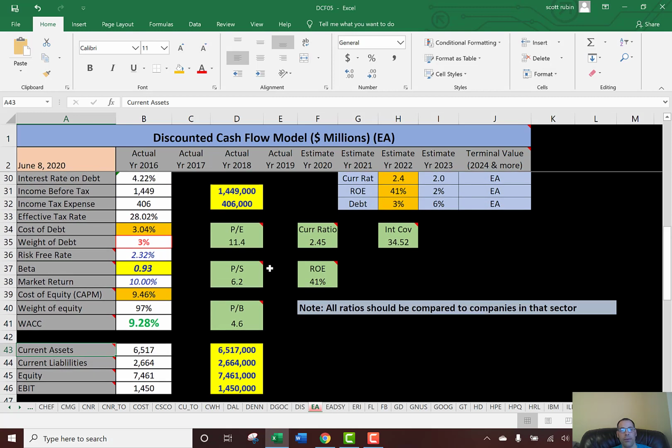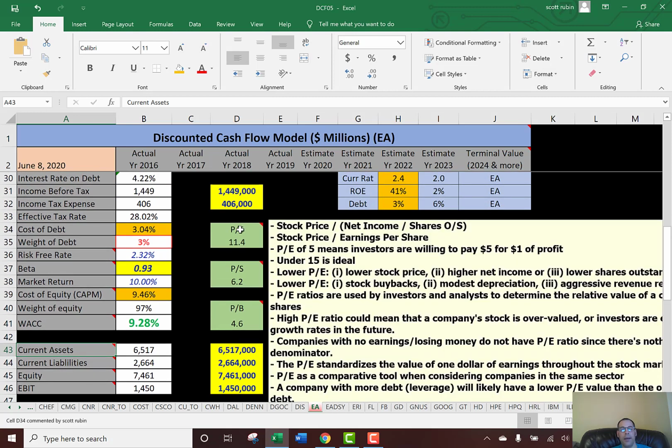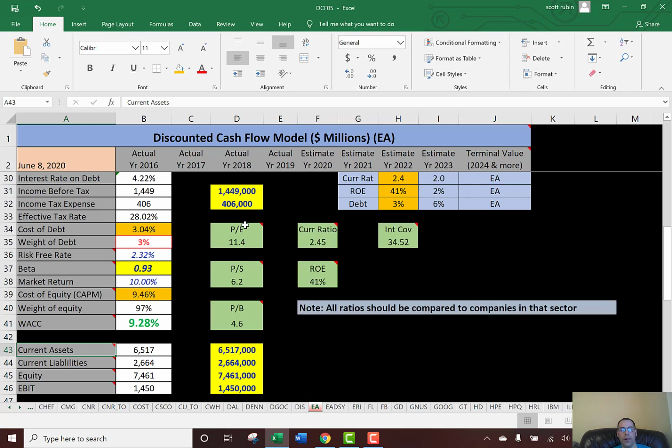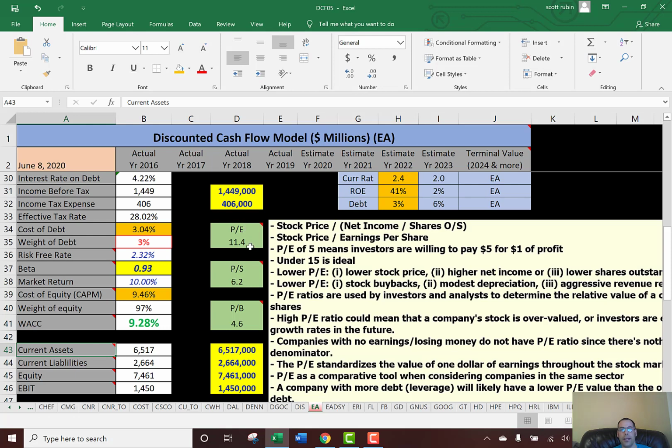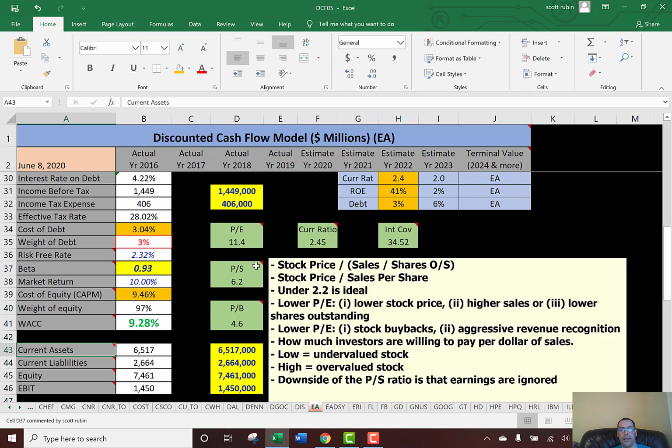So let's look at the ratios. PE, price over earnings per share, and under 15 is generally a good value. They have 11.4, so that's a really good sign. Price over sales, that's a little high. I usually look for 2.2 below. That's stock price over sales per share.